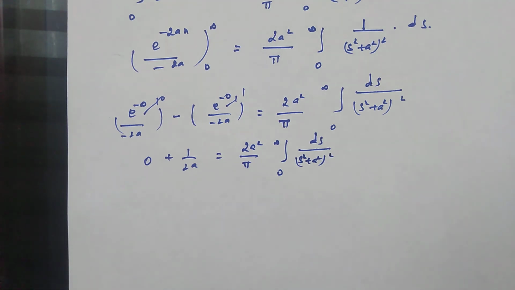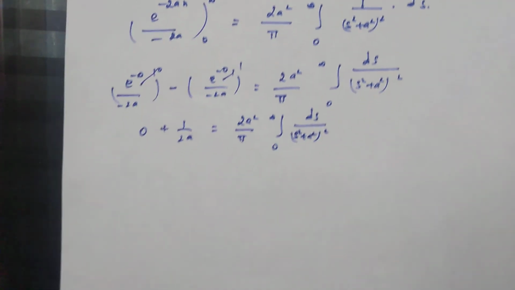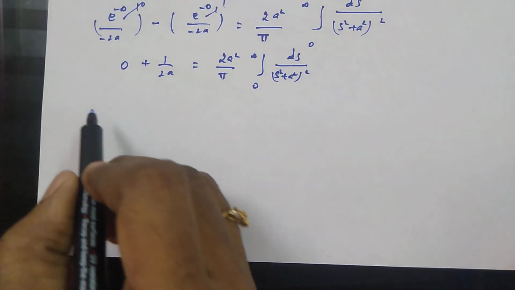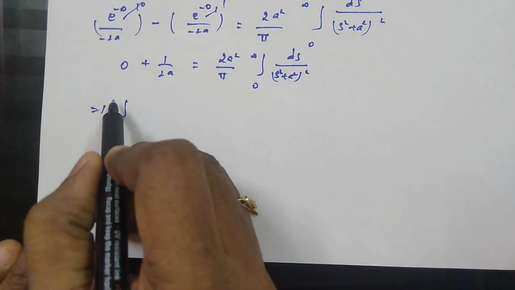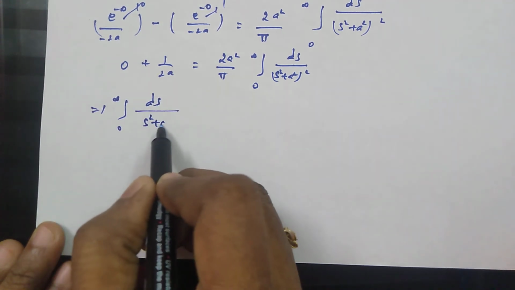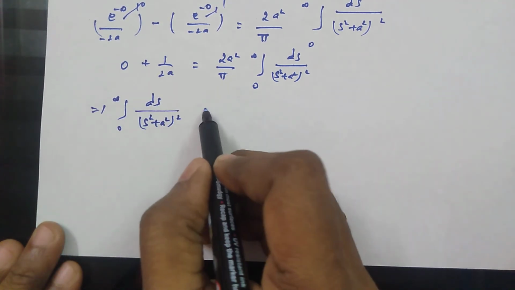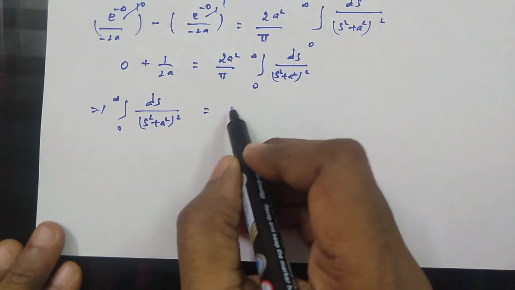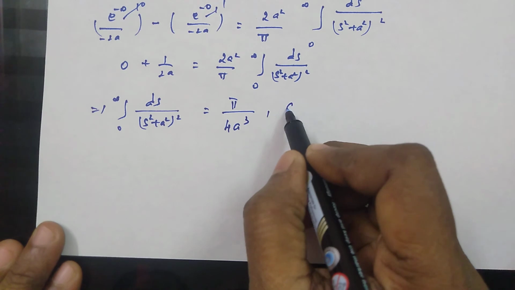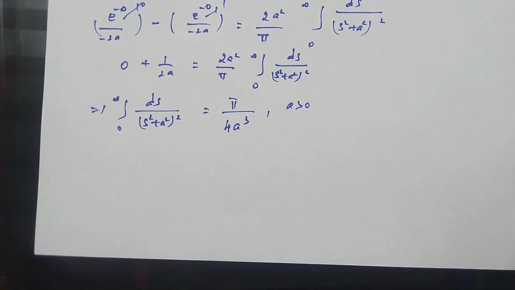Now we will take the integration to the left hand side because of our question. So which implies integral 0 to infinity ds divided by s square plus a square the whole square equal to, multiplying this, pi divided by 4a cube, where a greater than 0. Now look at our question.